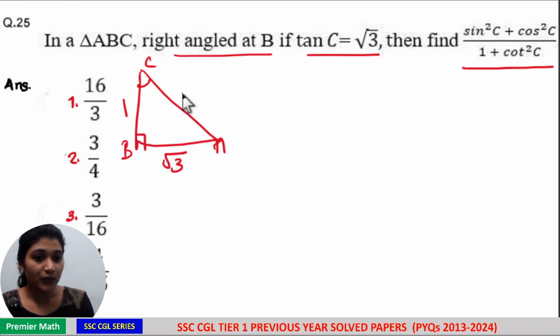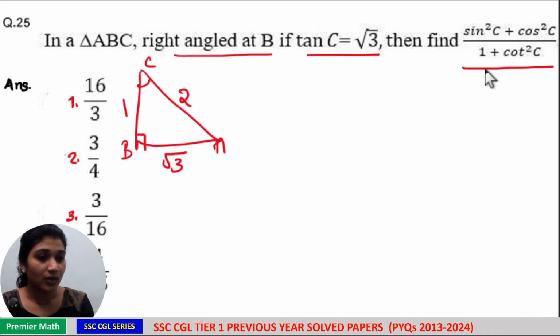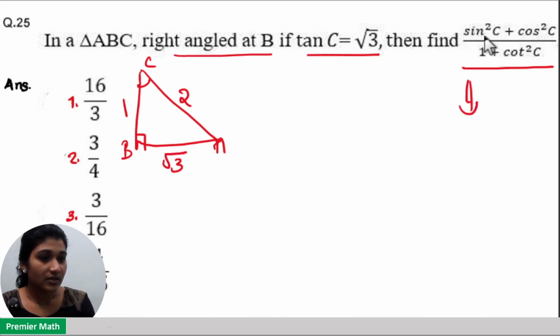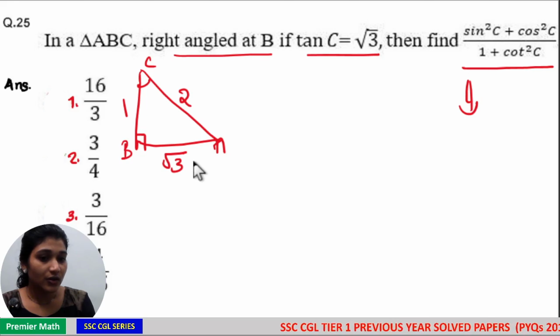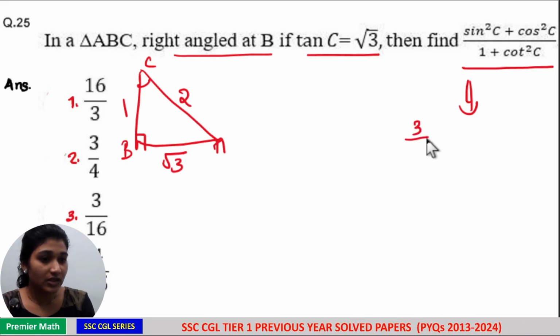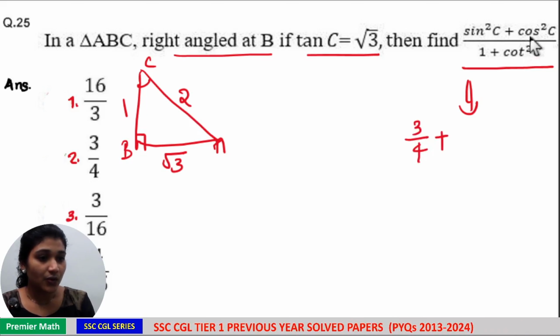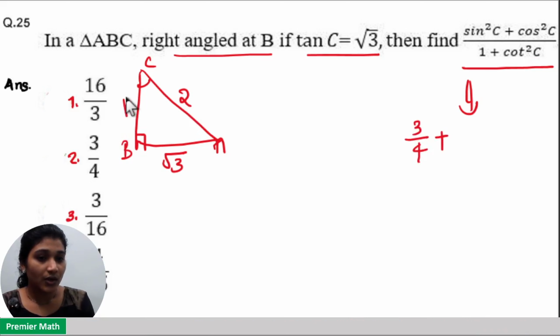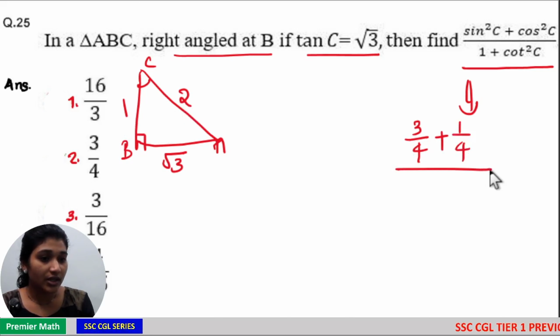That is root of 4, which is 2 here. Hypotenuse is 2. Then our answer is here sine square C. Sine C is equal to opposite side by hypotenuse, that is root 3 by 2. Then sine square C, root 3 by 2 the whole square, which is 3 by 4, plus cos square C. Cos C is equal to adjacent side by hypotenuse, that is 1 by 2. So 1 by 2 the whole square is equal to 1 by 4, divided by 1 plus cot square C.